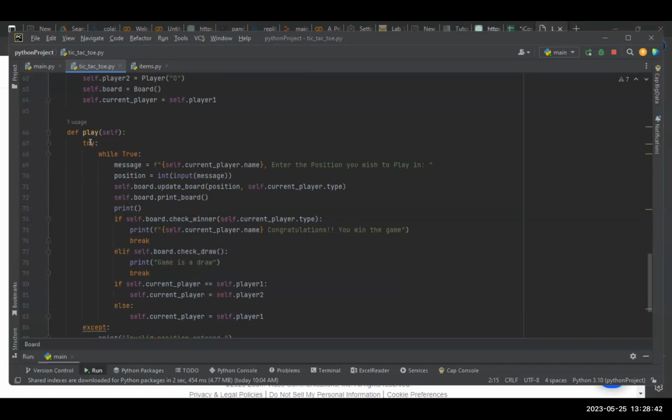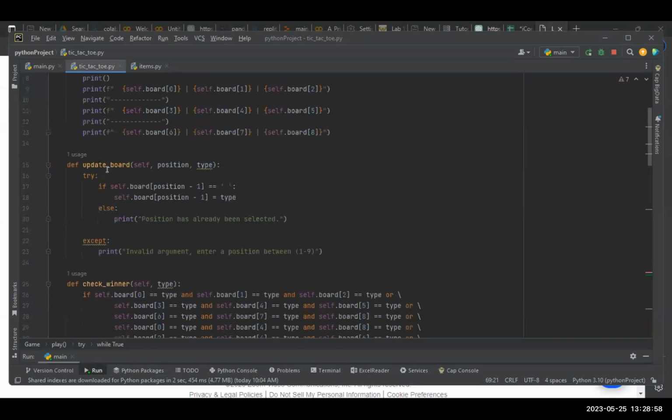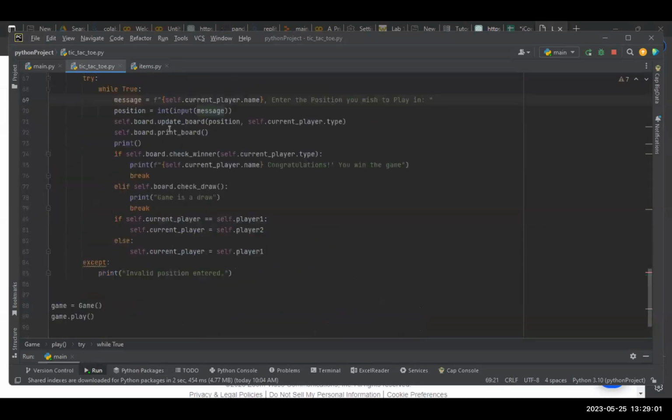So here you ask the player to enter the position they wish to play in, and then the player enters their position, and then the update board function from the board class is called. So the position is updated, and then I call the print board function, and then the board prints.